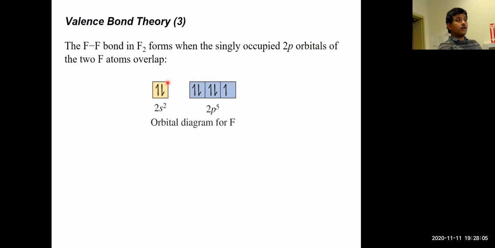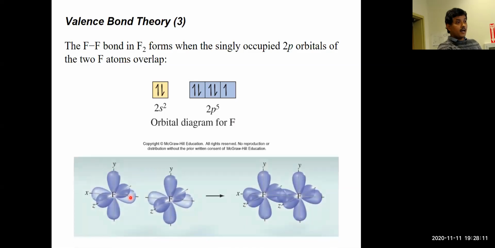So when one fluorine atom wants to bond with another fluorine atom, it uses one single electron of one orbital and overlaps it with the single electron of another orbital. As a result, they form a bond. The two electrons must be of opposite sign. So they form a bond by overlapping each one of their orbitals like that. That's how a bond forms.